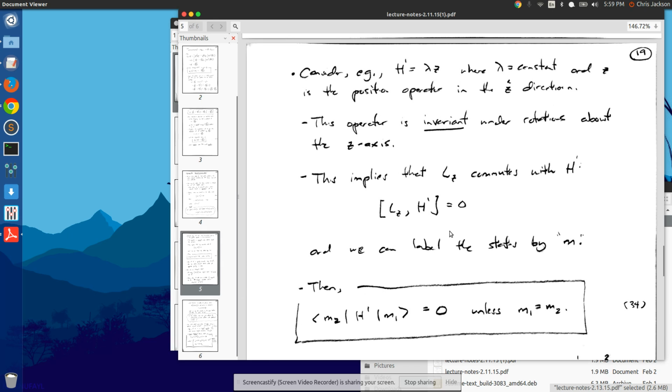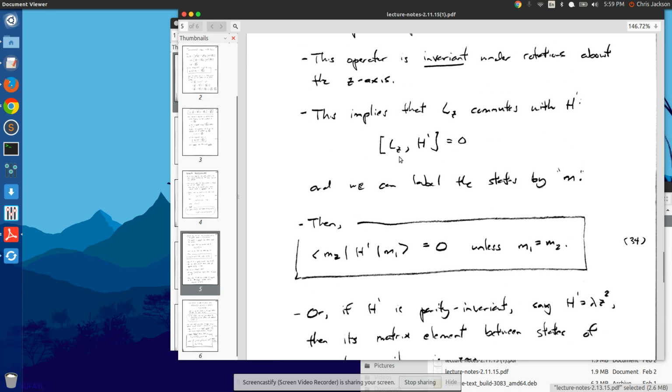In particular, I showed you one example, where the perturbation Hamiltonian is some function of space. In this case we let it be z, and lambda is just some constant, the parameter we're going to expand in if we apply perturbation theory. One thing we notice is that this operator is invariant under rotations about the z-axis. This implies that the angular momentum operator responsible for these rotations commutes with the perturbation Hamiltonian.